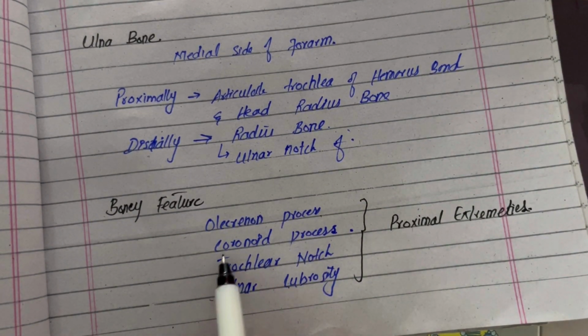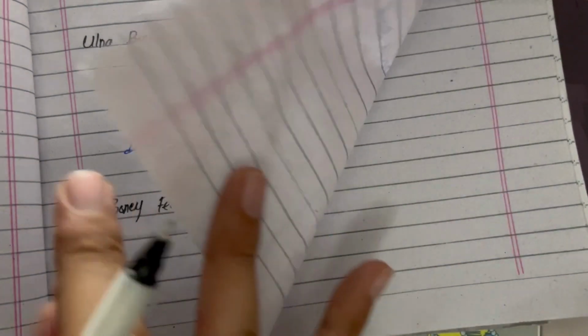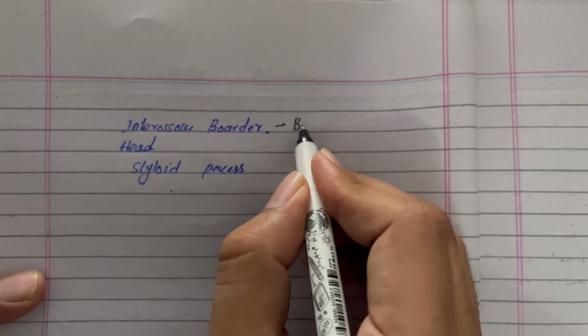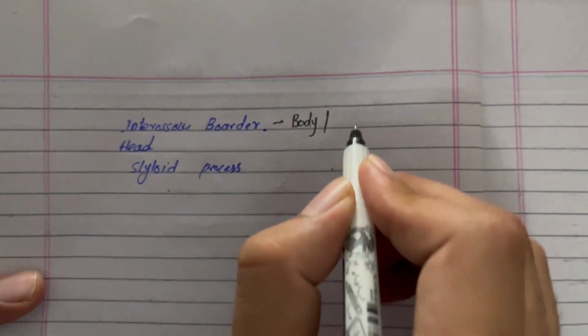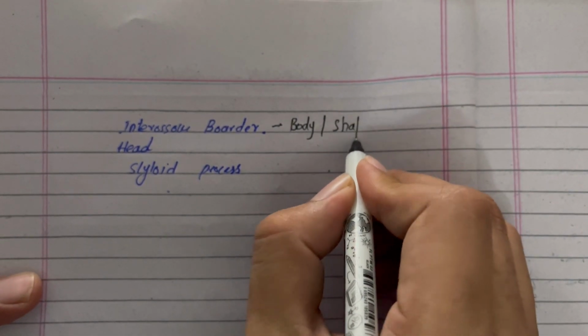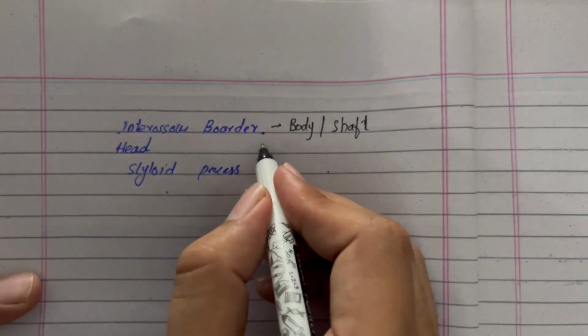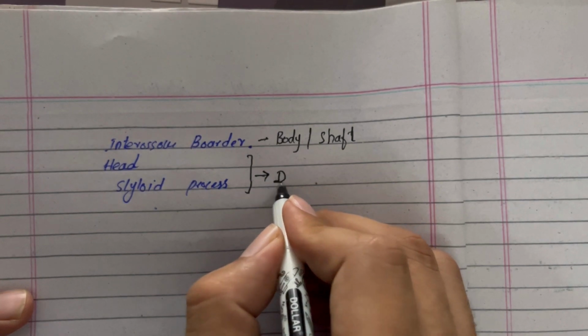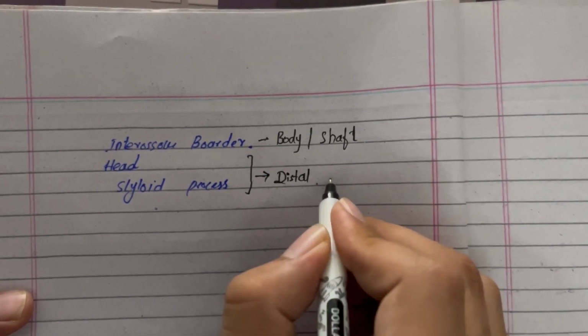While the interosseous border lies in the body or shaft of the ulnar bone. The head and the styloid process lie in the distal extremities.